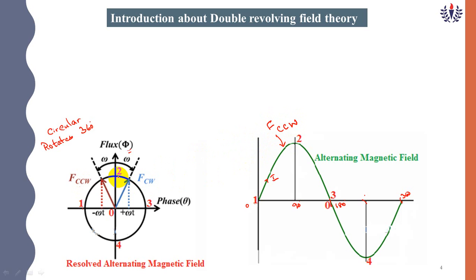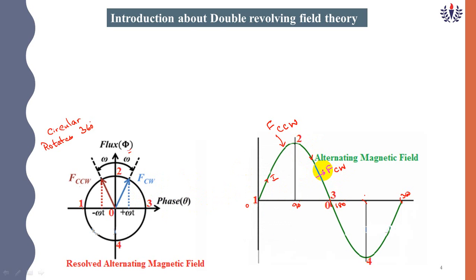Then from 2 to 3, the waveform starts from the top portion and moves downwards. That is the forward clockwise direction.